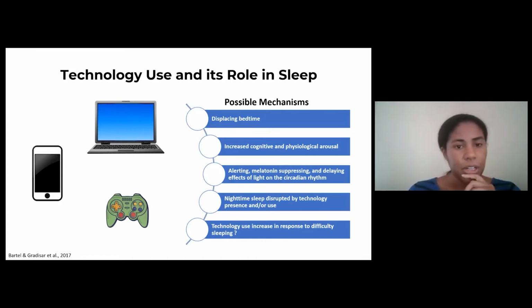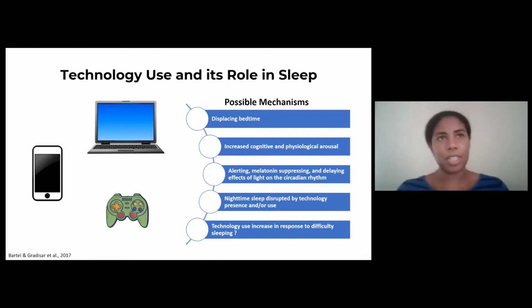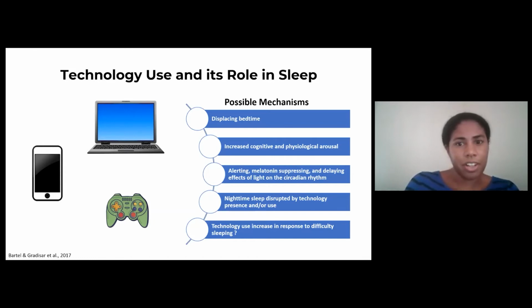A lot of electronic devices do have blue light, so that's why there's been so much discussion about light and electronic devices. But it is complicated because there are a lot of different factors going on when people are using this technology.